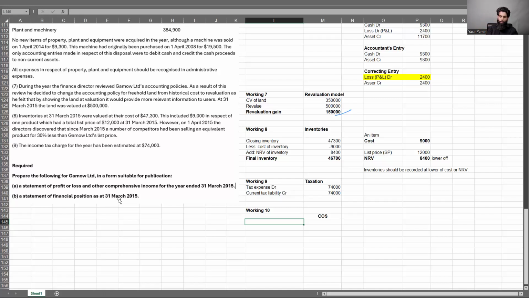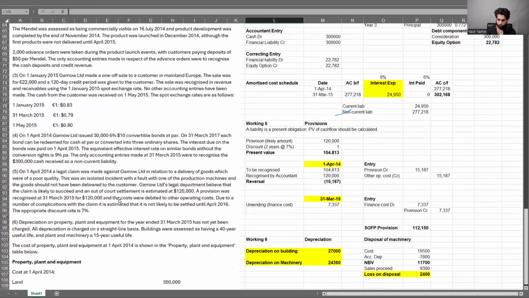Cost of sales working: we'll start with opening inventory, add purchases, and add all relevant expenditures pertaining to cost of sales. Let's see what we can add in cost of sales.